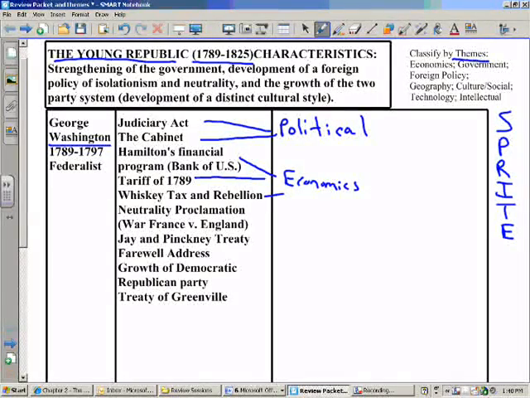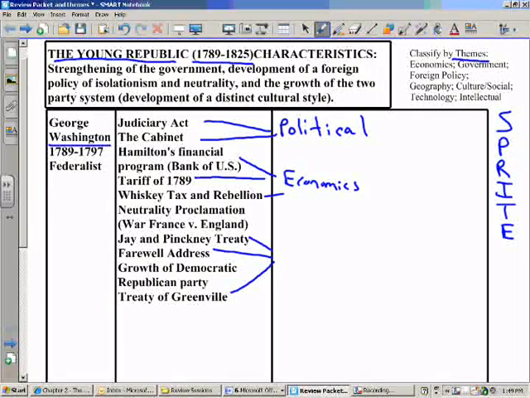And as we look at the other aspects of this time period, we see the Neutrality Proclamation, dealing with the wars with France and England, the Jay and the Pinckney treaties, George Washington's farewell address, and some of the advice that he would give us. And then skip down and you can see that there's the Treaty of Greenville.